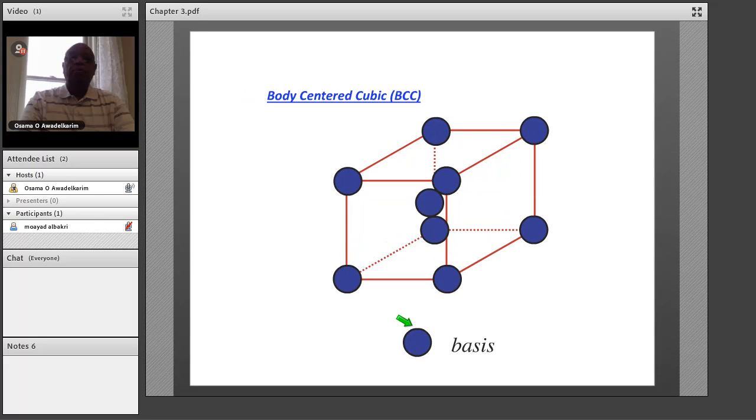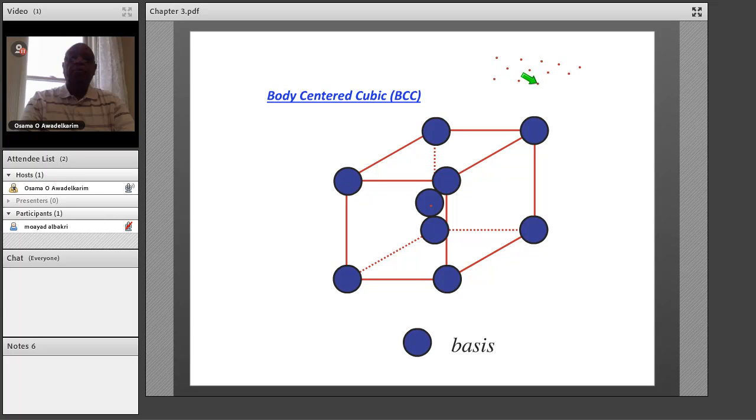Another cubic structure, exactly similar to the other one. The unit cell is the same, except now that the unit cell has an additional atom at the center. Okay, so you can think of this in 2 dimensions. You can think of this type of lattice where you have this type.